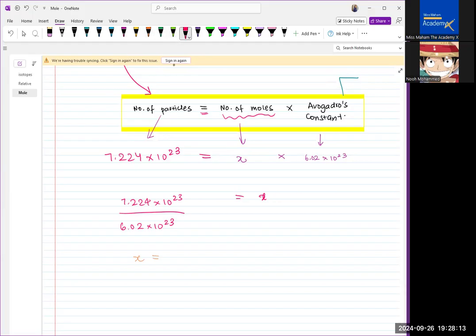This exponential is going to cut each other, right? Because it's equal. So just divide 7.224 by 6.02.